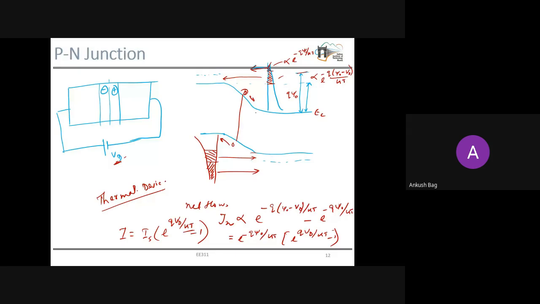Using this Vd, we are simply lowering or raising the potential barrier, and the movement is due to thermal energy. This movement, due to which electrons and holes cross this barrier and give us the diode current, is due to the thermal energy. This is the overall take-home message. So with external bias, we increase or decrease the potential barrier, but the flow of carriers is due to thermal energy.